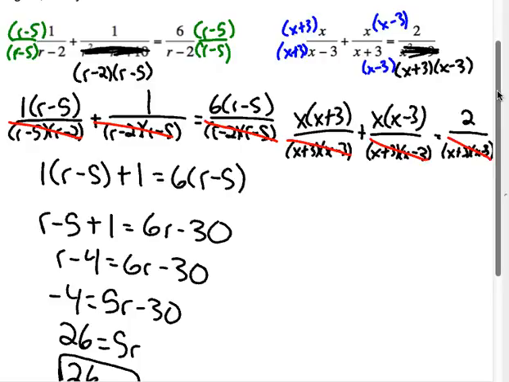So the common denominator cancels everywhere, and all I have left are the numerators. So let's distribute.